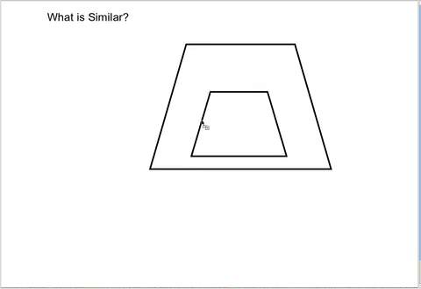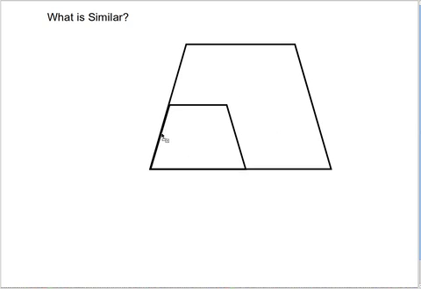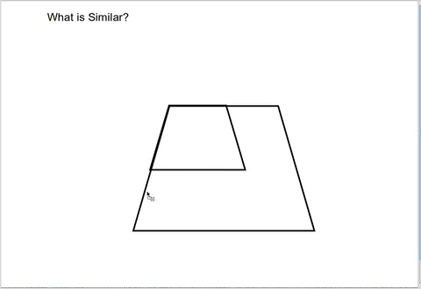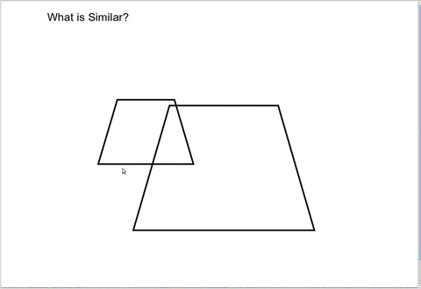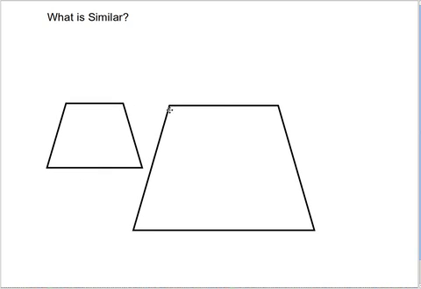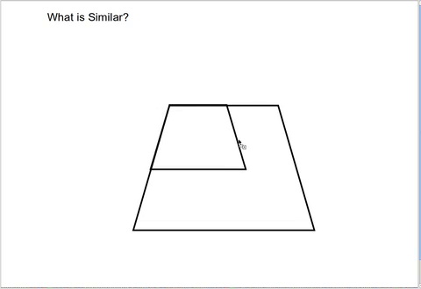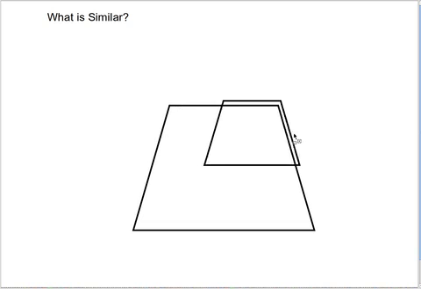Let's take a look at the side lengths. Look at this, there's one side length. I'm comparing this right here, and if I drag this up down here, look at that. So it takes exactly two of these sides to make one side of the trapezoid over here. Let's check the top length. Look at that, there's 1, 2.